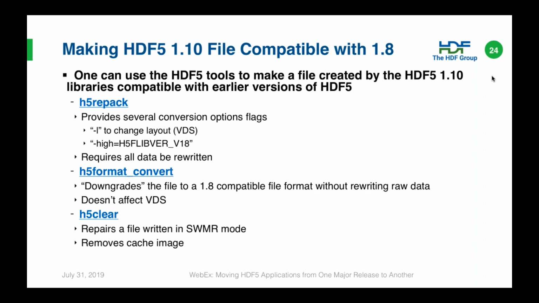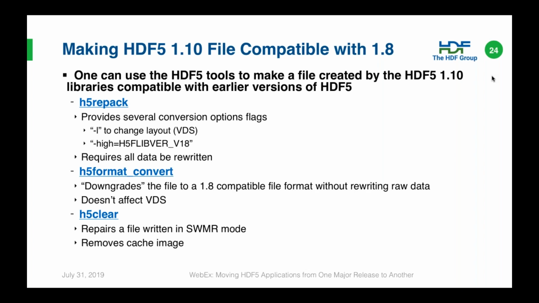This approach has a downside, because h5repack will rewrite all data, and if you have a petabyte file created by SWMR, it's not an option, or it will take forever. So we provided another tool called h5format_convert that downgrades a file created by SWMR access to a 1.8 compatible format.